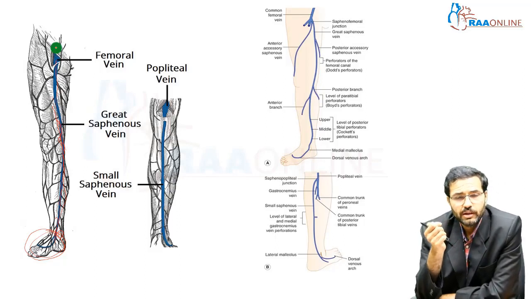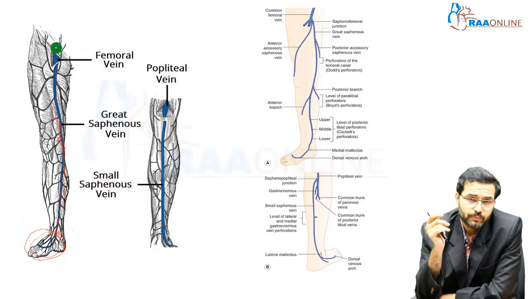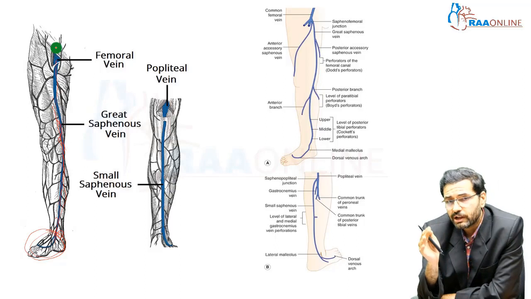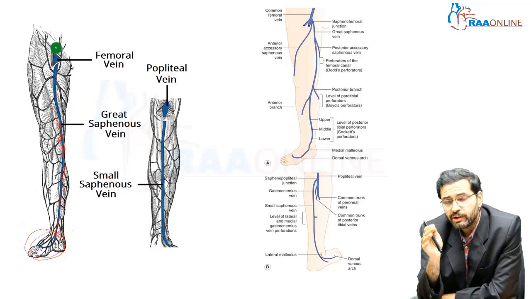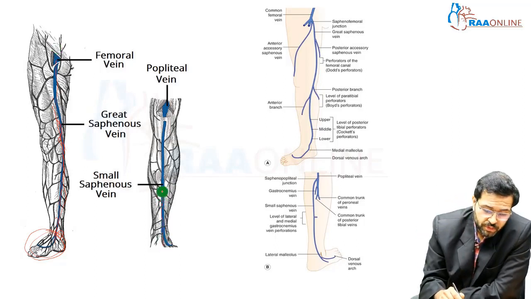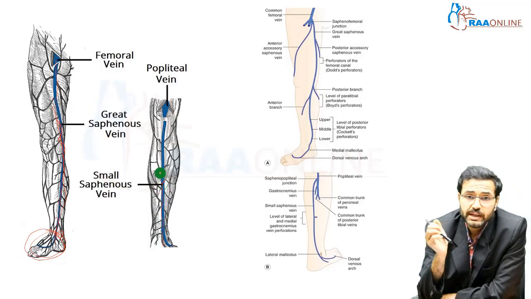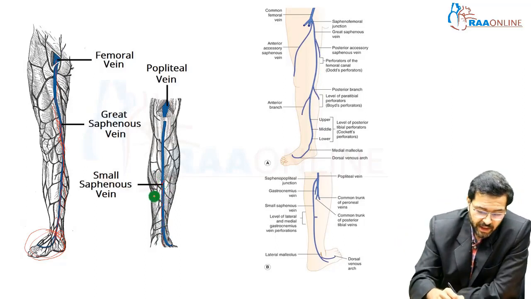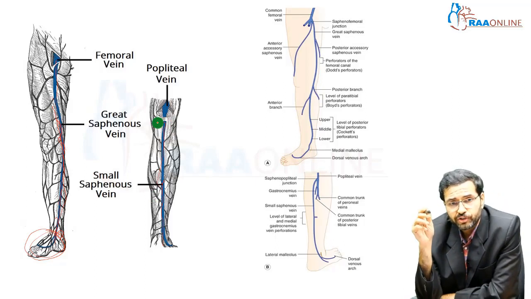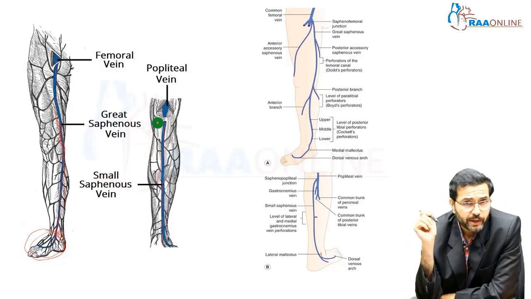The short saphenous vein has a more variable course. It originates from the lateral aspect of the foot. The lateral marginal vein continues upwards as the small saphenous vein. It extends upwards along the posterior aspect of the leg, and as it comes up into the popliteal fossa, it penetrates the deep fascia and drains into the popliteal vein.